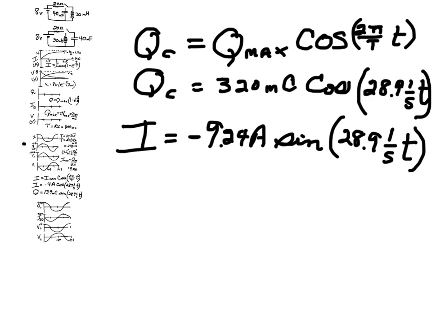And the number is 320 microcoulombs for Q max, and that was the 2 pi t over T, or omega times t. And for the current, it was a negative sine, so I put a negative sign in there. That's the maximum current, and that's the frequency at which it oscillates, or 2 pi over the period. And the rest of the equations you could figure out from that.